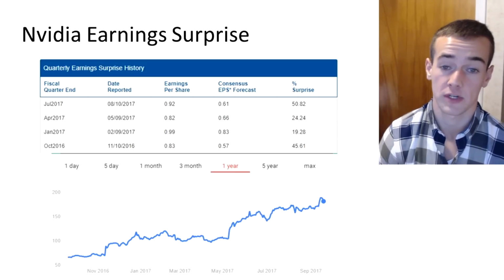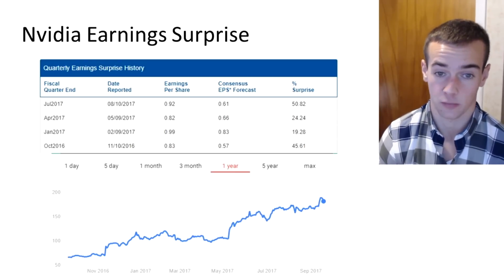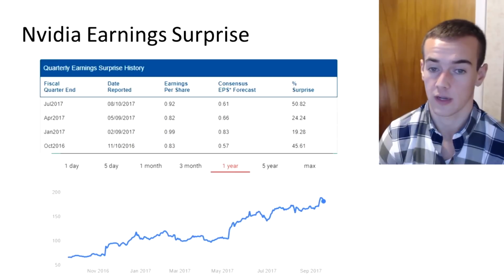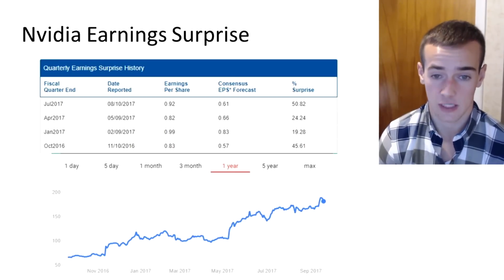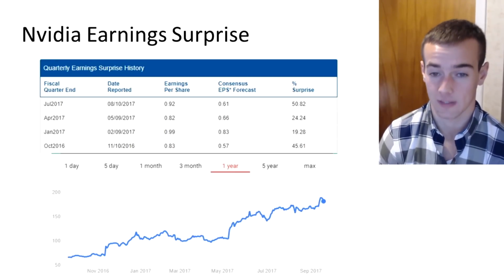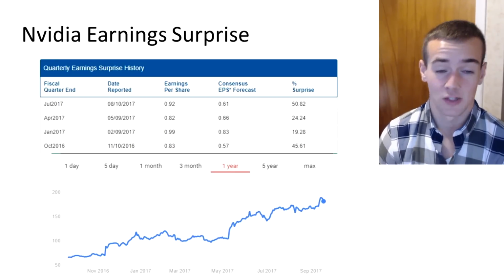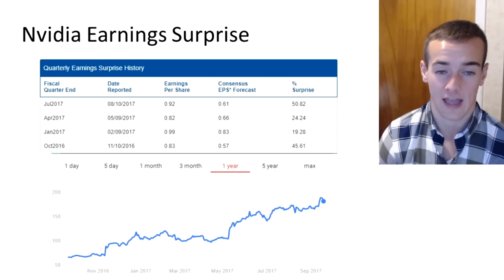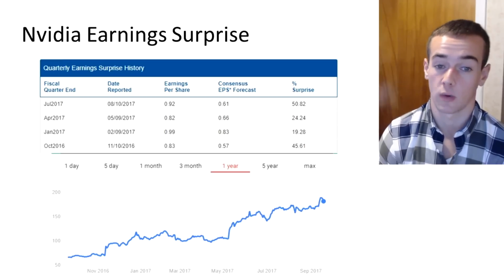So in the most recent quarter, they had a 50% surprise. In the previous quarter, it was a 25%, the previous quarter, a 20%, and in the last reported quarter, they're 45.61% earnings surprise. So as you can see, these forecasts for earnings per share have not been accurate, and NVIDIA has been blowing them out of the water.